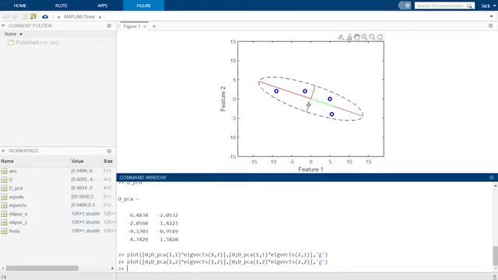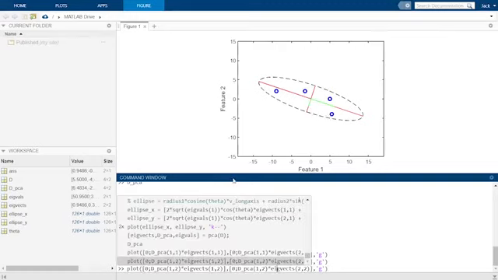And we get the distance along the short axis to the first data point. So if we add these two together, we can recover our first data point.